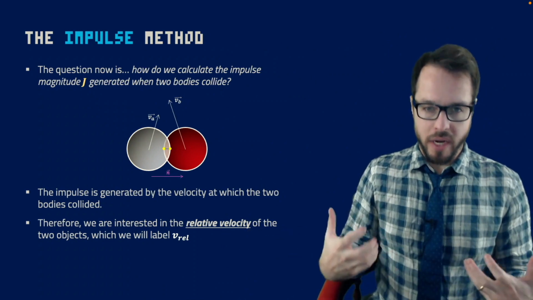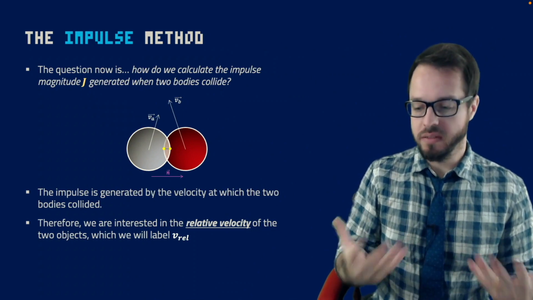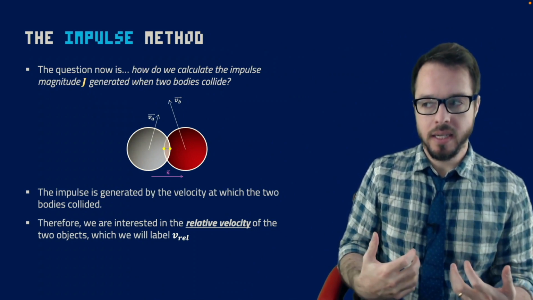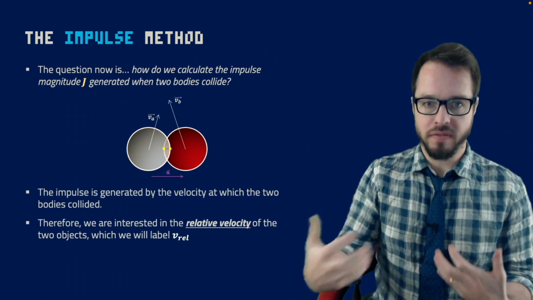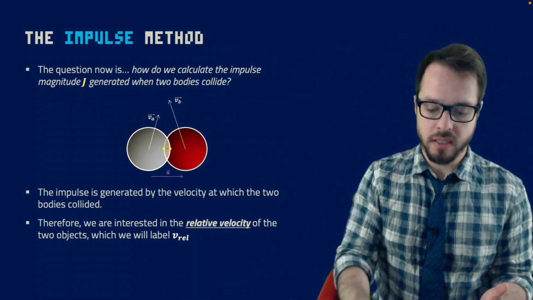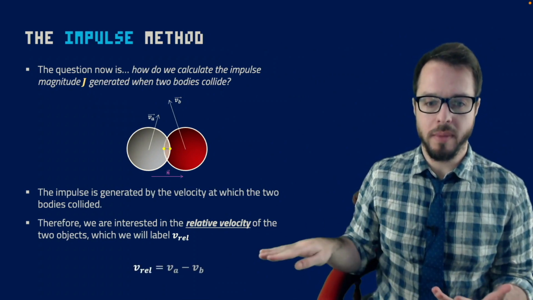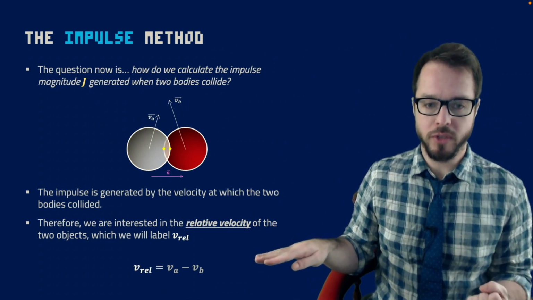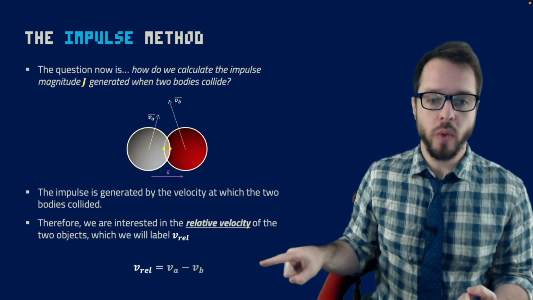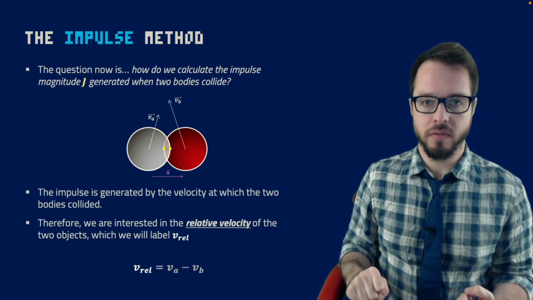So whenever we talk about relative velocity, it is the difference between the velocities of A and B, right? I think everyone understands what we are talking about. The relative velocity between those two objects is the subtraction between the velocity of the first and the velocity of the second.